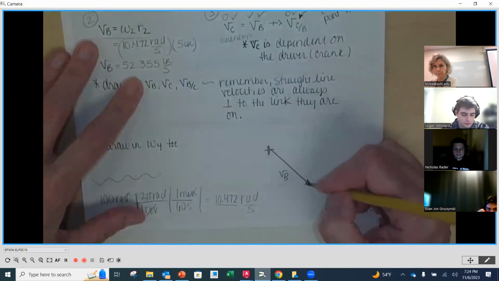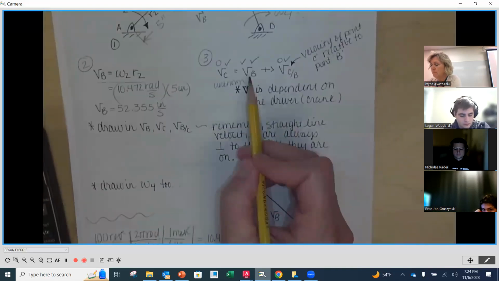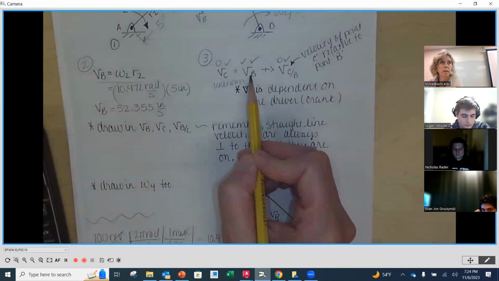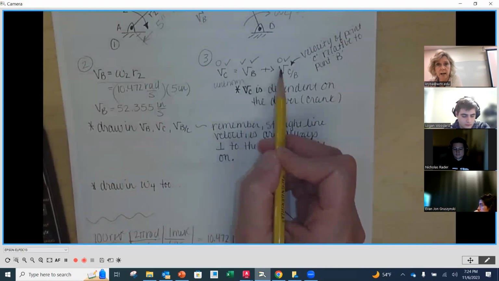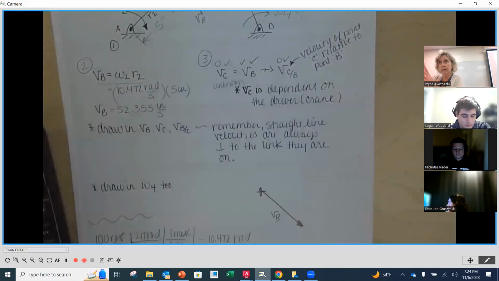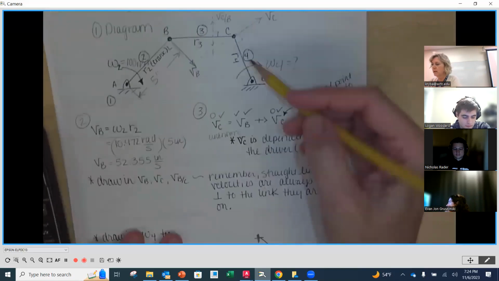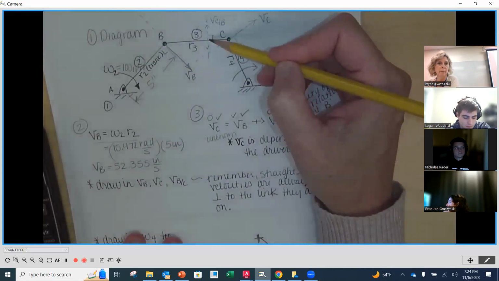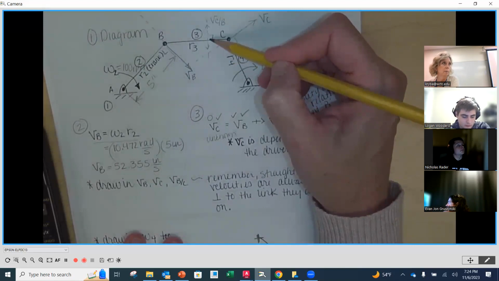Now, on the endpoint of VB, we're going to start the tail, if you would, and we're going to add vector C relative to B. We don't know the magnitude or in which direction, up or down, that this is going, but we know its line of action is going to be perpendicular to link number 3.